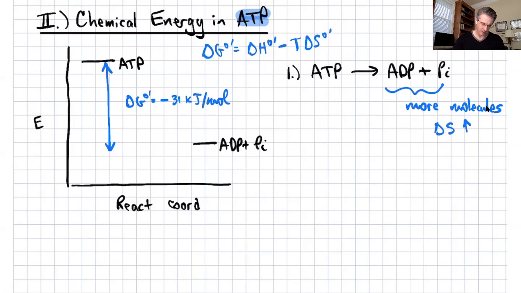All right. What's something else you maybe know about ATP? That inorganic phosphate, if you take inorganic phosphate and you write that out, it looks something like this. That's the standard chemical notation for inorganic phosphate.